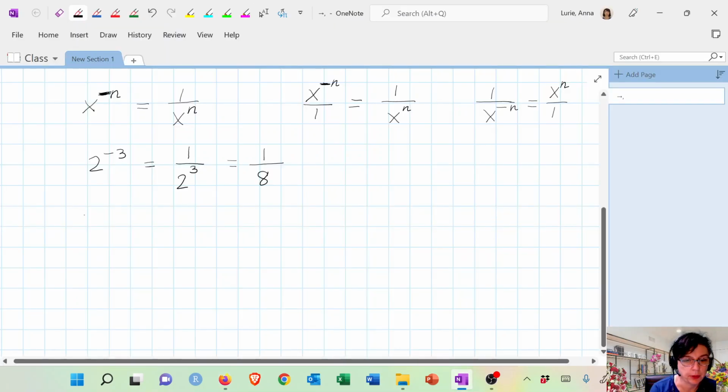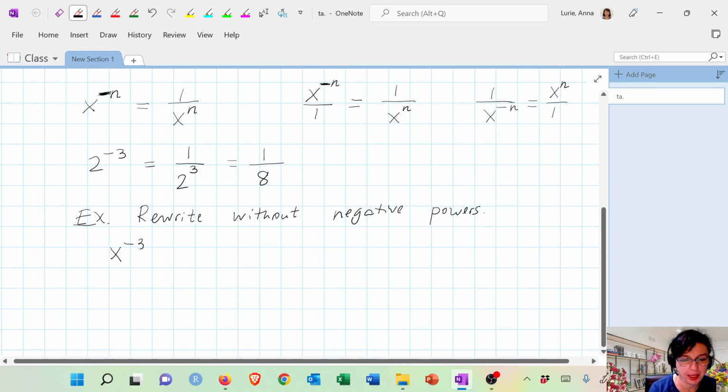For example, let's rewrite an expression so that it has no negative powers. Sometimes some of the exercises are going to ask you that. So let's say somebody said, I want to rewrite x to the power negative 3. I'm sorry, I already gave you the answer.